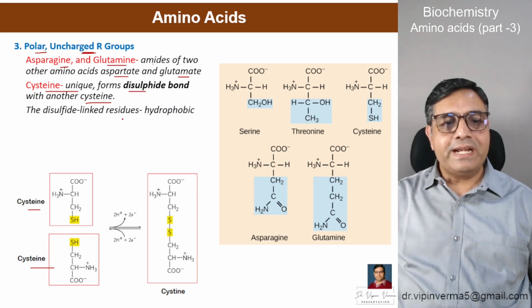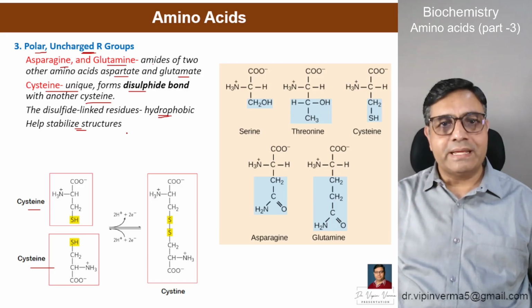Now these disulfide linked residues are hydrophobic in nature, and they are very useful to stabilize the structure. So you can find these disulfide bonds in a number of proteins, for example insulin, which is a hormone, and there are so many other examples.